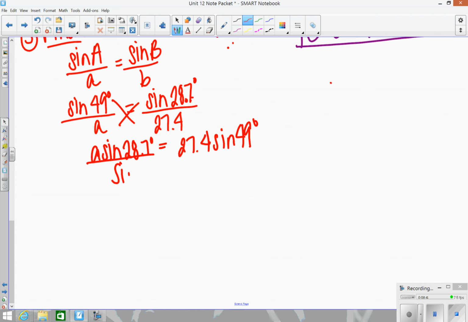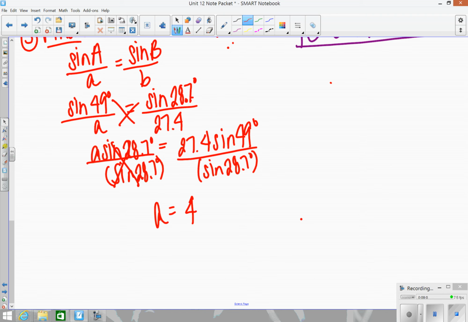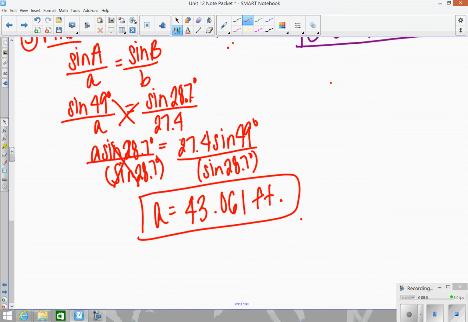So divide both sides by sine of 28.7. Those cancel. We're left with A equals 43.061 feet. So I just put the whole thing in my calculator, making sure that my calculator is in degree mode since I'm entering in degrees.